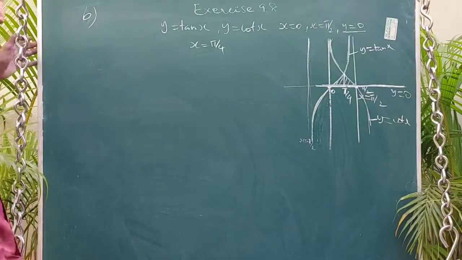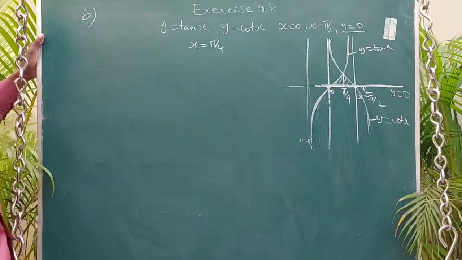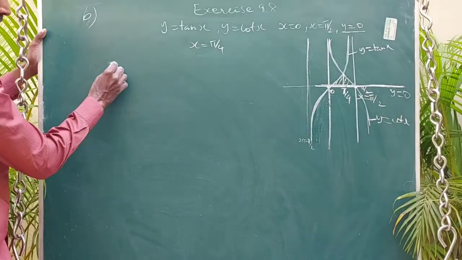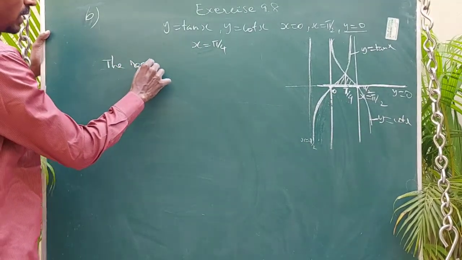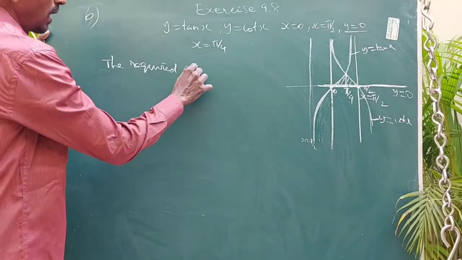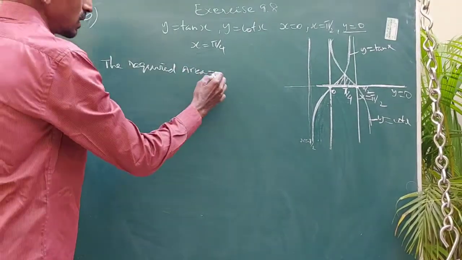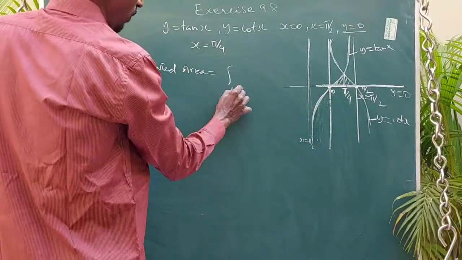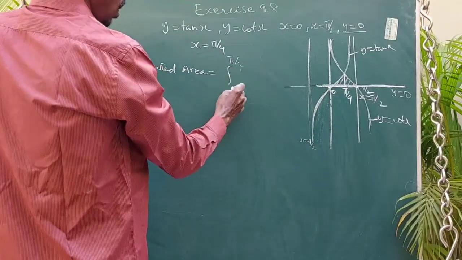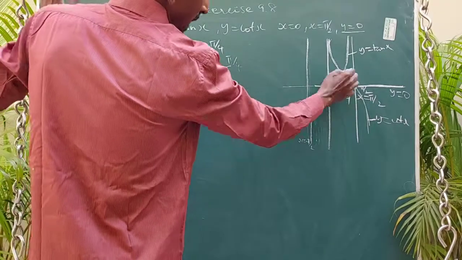So it is a different one. The required area of the region is equal to, listen, from 0 to 45 we consider only the tan x curve.